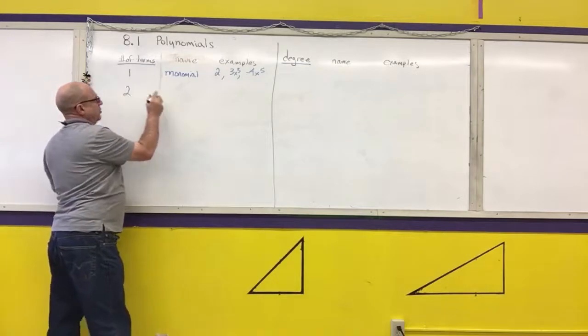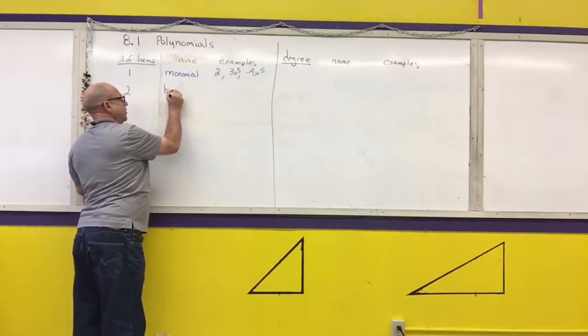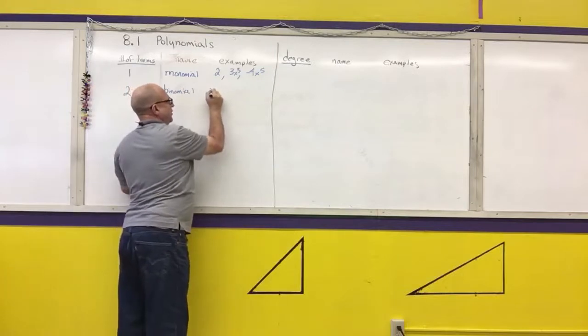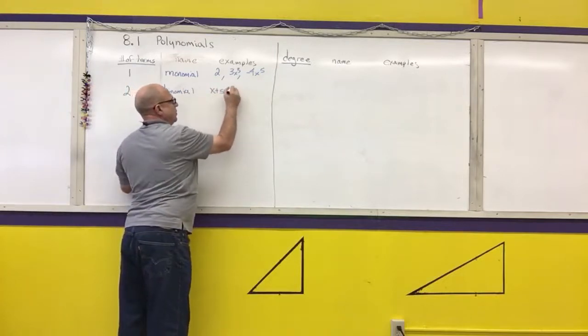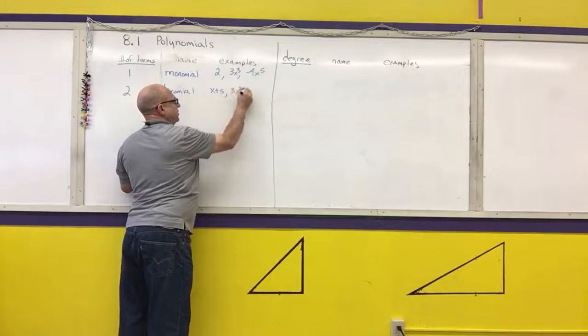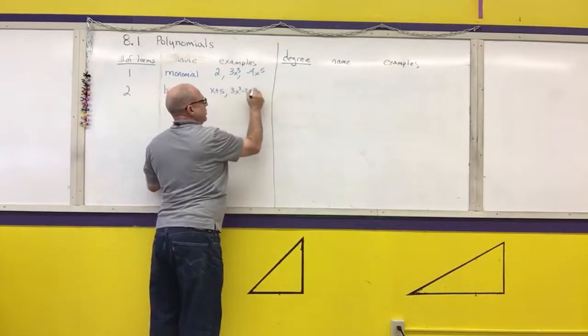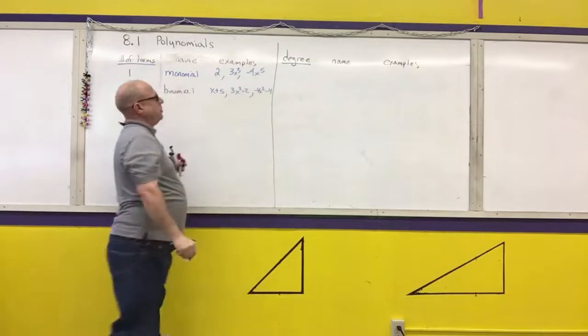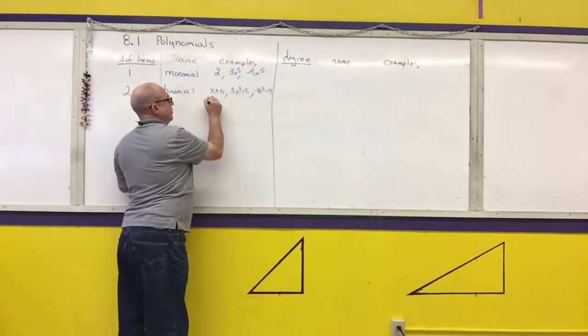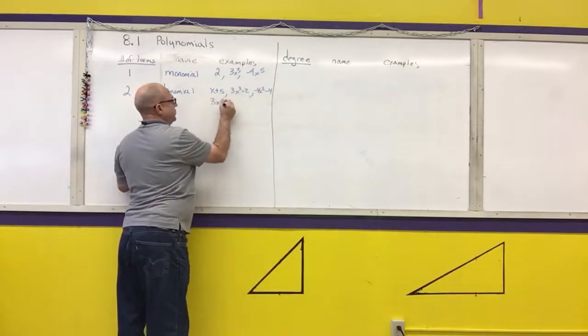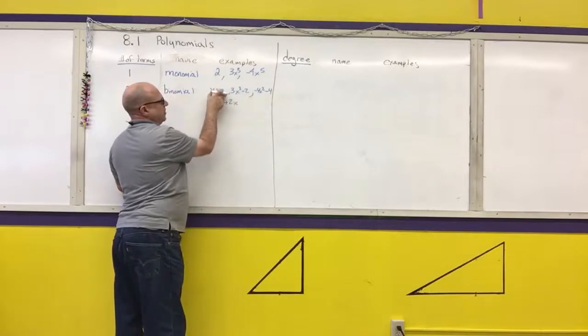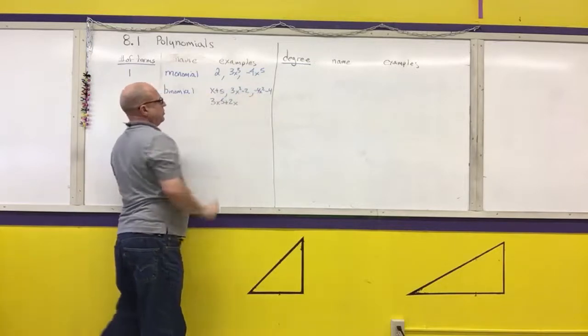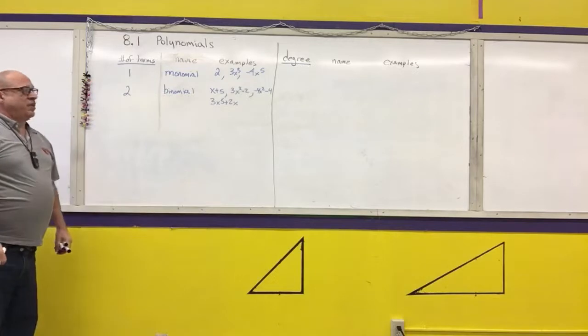Something that has 2 terms is a binomial. An example would be x plus 5, 3x cubed minus 2, negative 4x squared minus 4. How about 3x to the 5th plus 2x? Basically, anytime you have 2 terms, it is called a binomial.